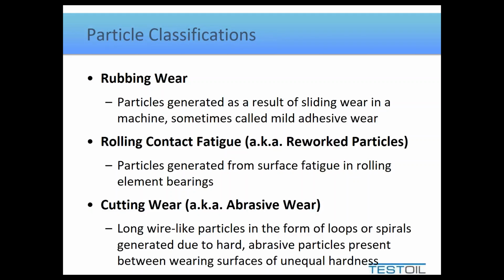Once we get into cutting wear, however, these are particles that are generated by 3-body abrasion. These are never considered normal, and this is definitely considered severe wear. And these are basically the 3 categories of wear that you would look at, sort of the normal, transitioning from normal, and absolutely abnormal.